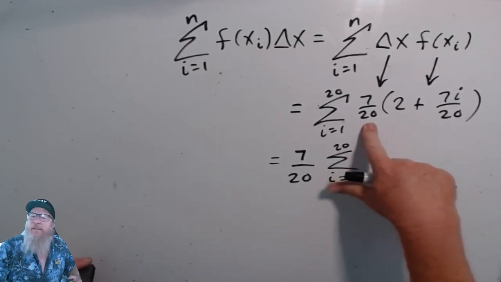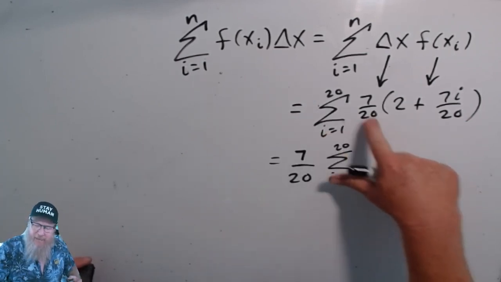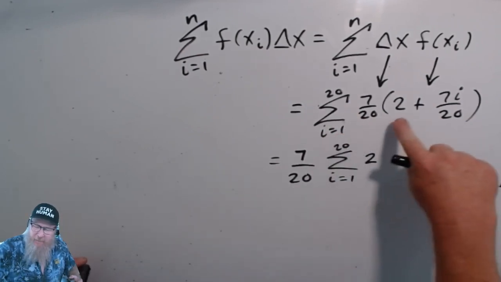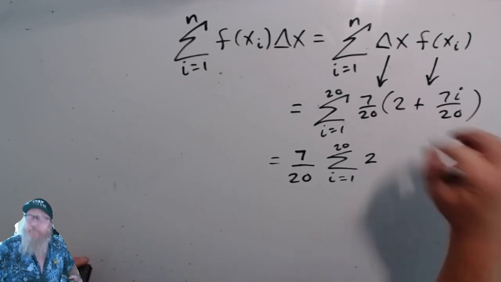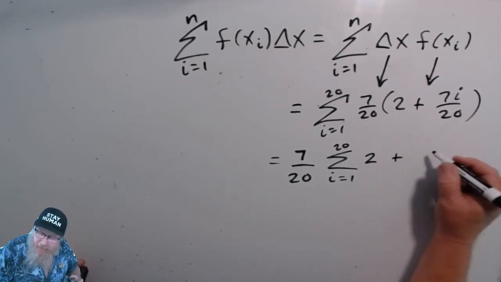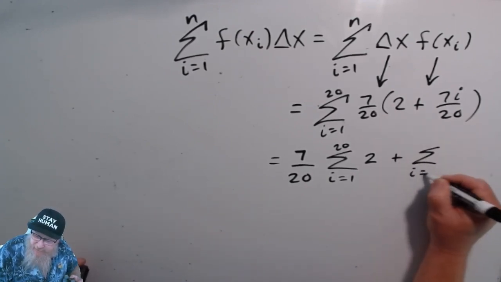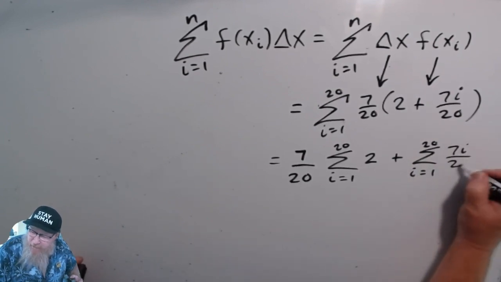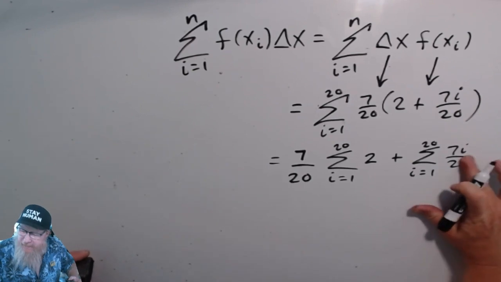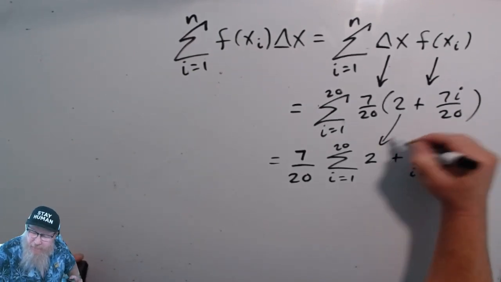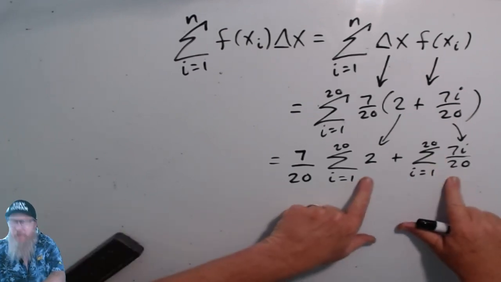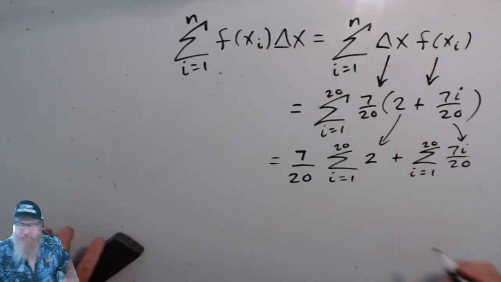That's a constant. It does not involve the index i, so it comes out. And then you're taking the sum of 2 plus the sum of 7i over 20. So you're basically breaking up the summand, that's what we call this, into 2 other sums, right?